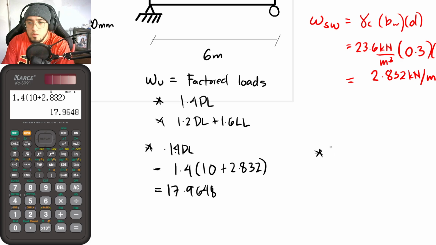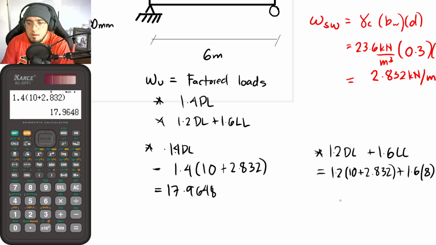Okay, so let us check the other possibility of 1.2 dead load plus 1.6 live load. So that is 1.2 times 10 plus 2.832 plus 1.6 times 8. Looking at the calculator once again, that is 1.2 times 10 plus 2.832 plus 1.6 times 8.